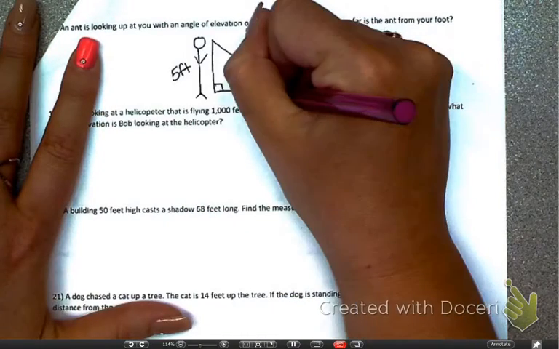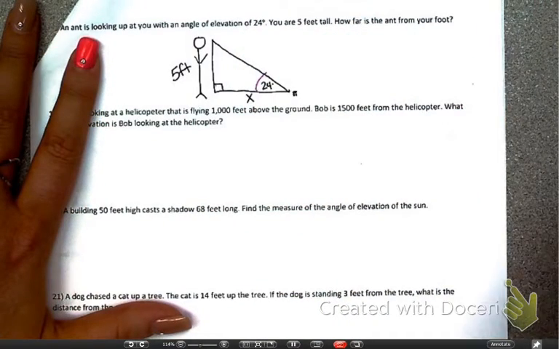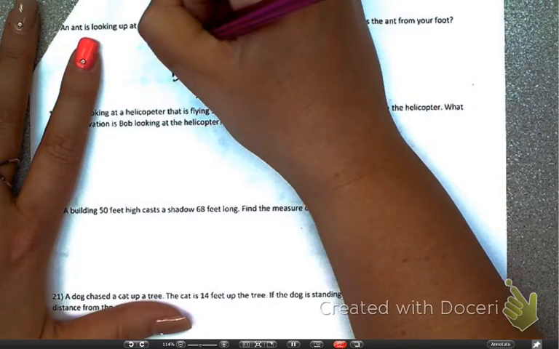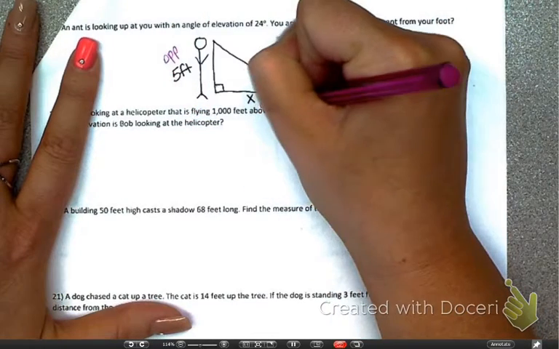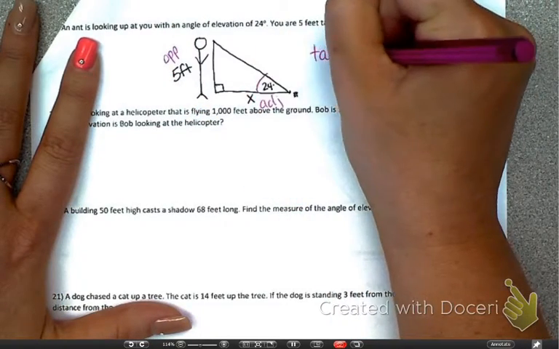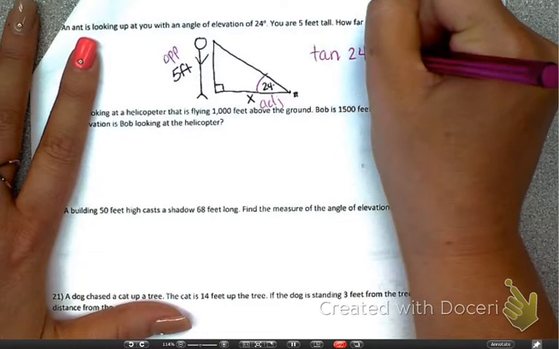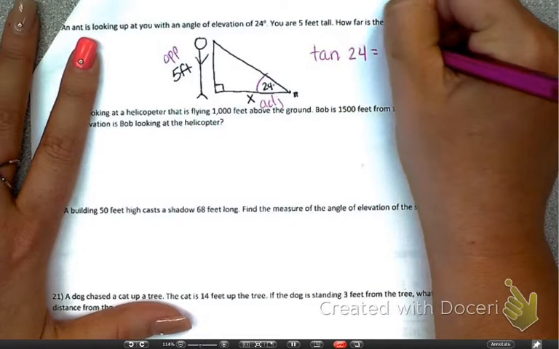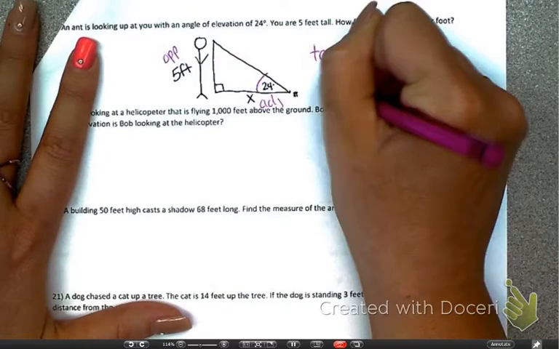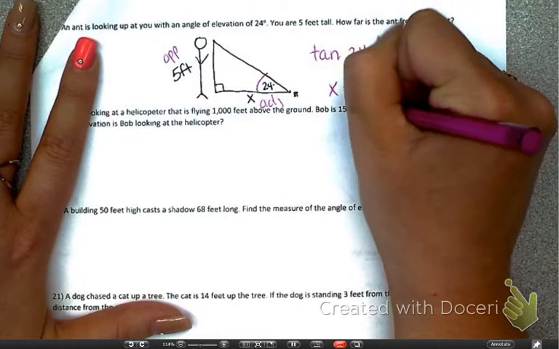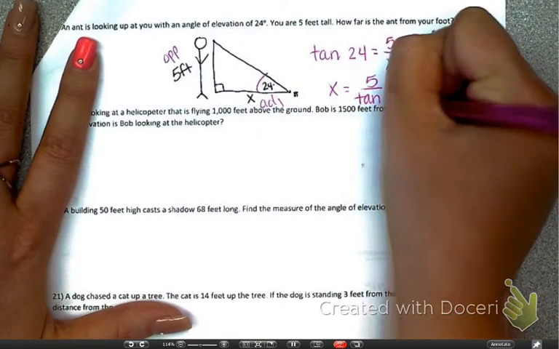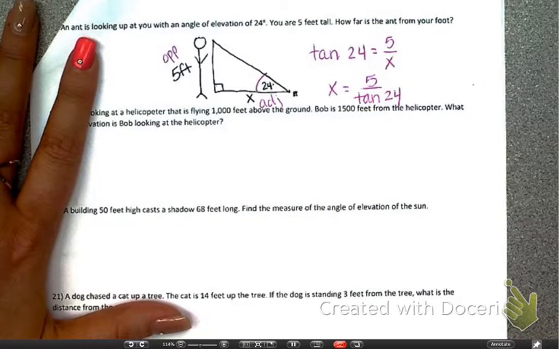Okay. What sides do I have? The opposite and the adjacent, so that's tangent of 24 equals the opposite over the adjacent. We're going to flip and divide. And I'm pretty sure your test tomorrow says round to the nearest tenth. If it doesn't, just do so.